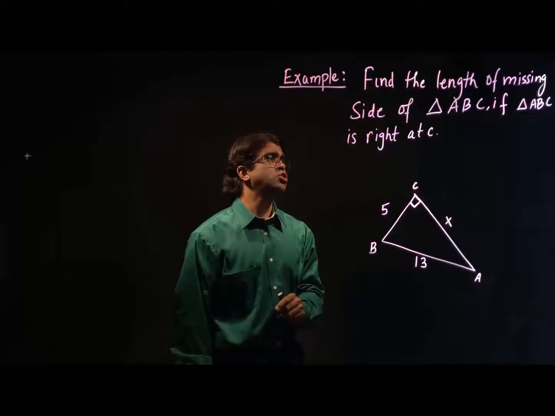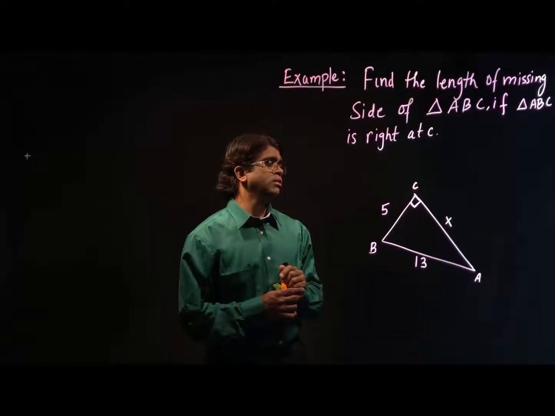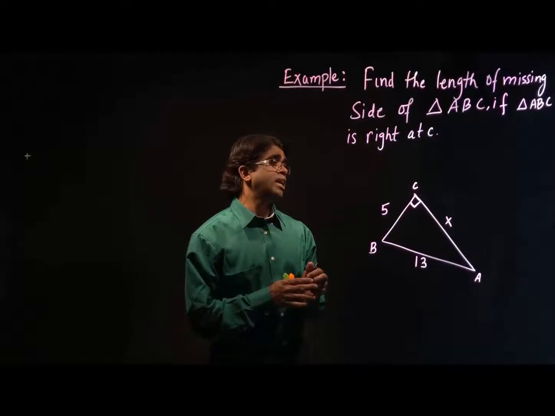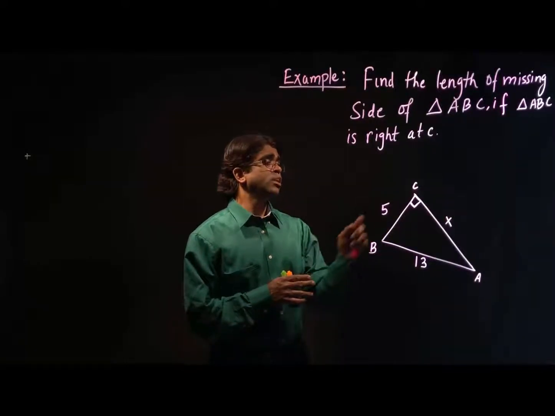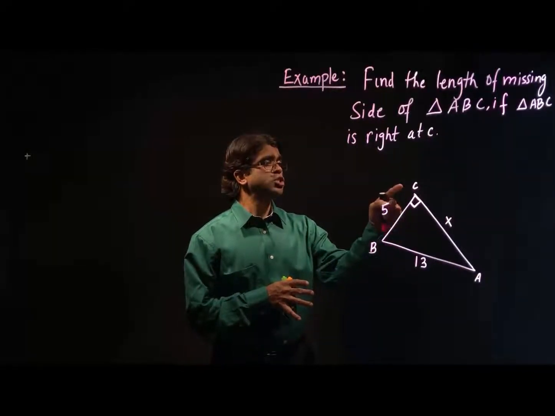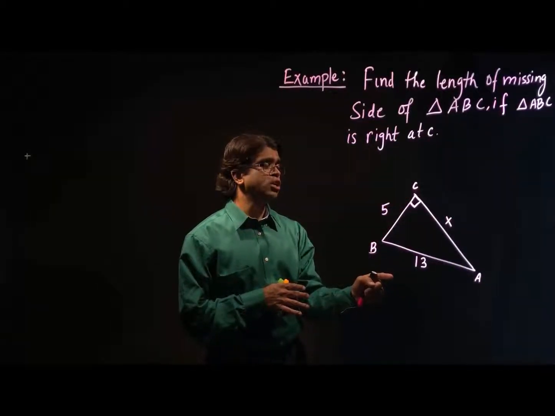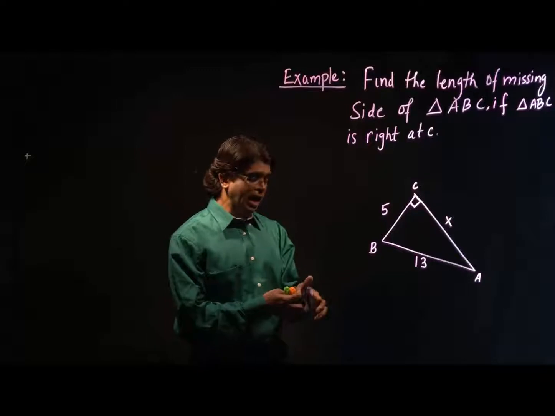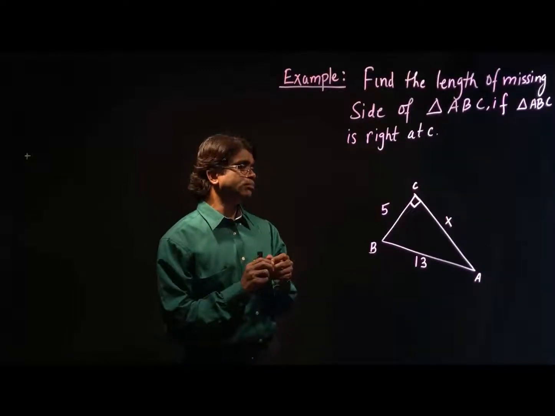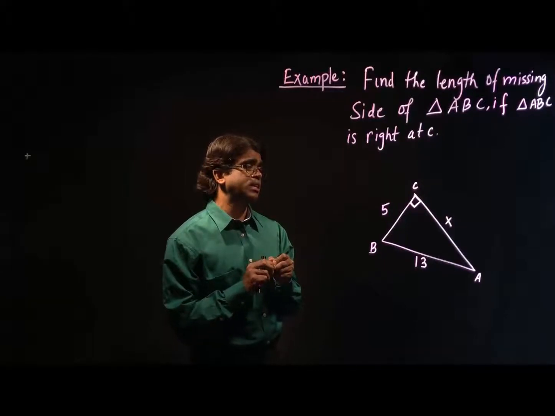So what we need to do is find the missing side of the triangle, which is basically x. As you can see, the triangle is right angle at C. So the side opposite to right angle C is basically the longest side. So I am going to draw a square on the longest side of the triangle ABC.